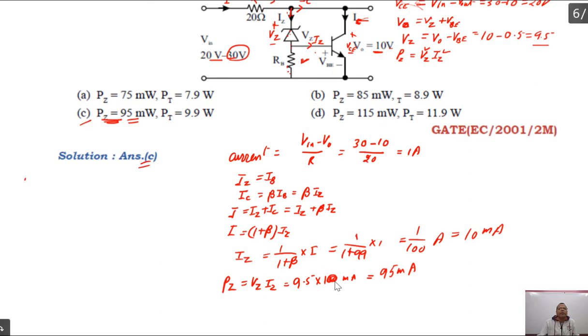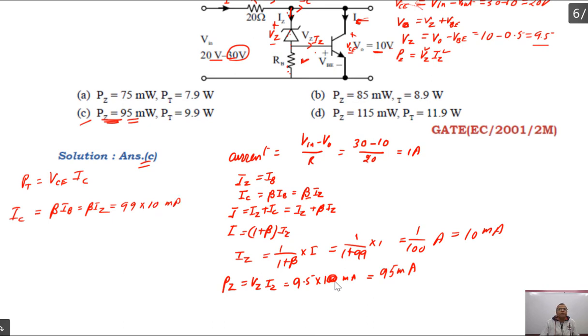However, we can find the power dissipated in the transistor as well. That is nothing but VCE into IC. What is the collector current? That is equal to beta into IB, which is nothing but beta into IZ, which I have already written here, right? So beta is 99, multiplied by the Zener diode current, that is 10 milliampere.